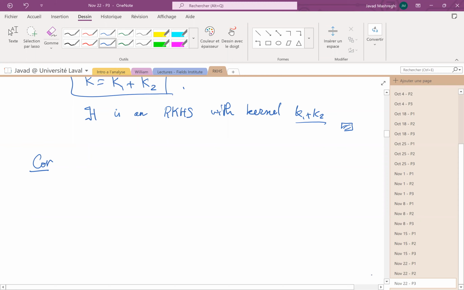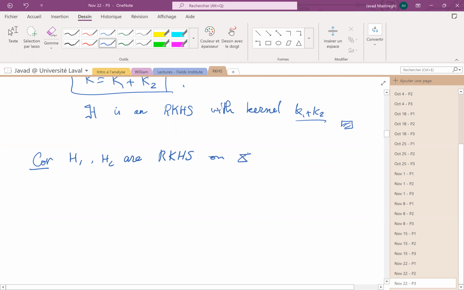So H1 and H2 are RKHS on X. And the extra condition here is that the intersection of H1 and H2 is equal to 0. A trivial case.